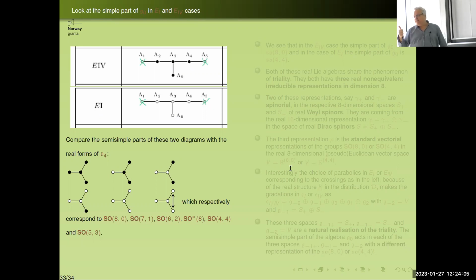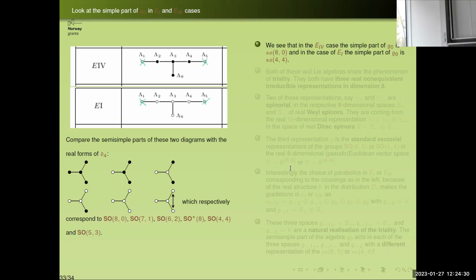One of them is the standard representation, and 2 others are spinorial representations. So it is the only dimension where the group SO has 3 inequivalent representations in the same dimension as the defining representation. And this is called by Cartan triality.